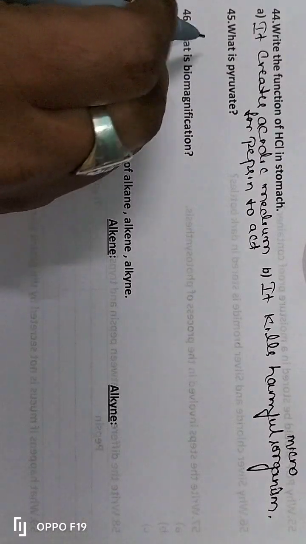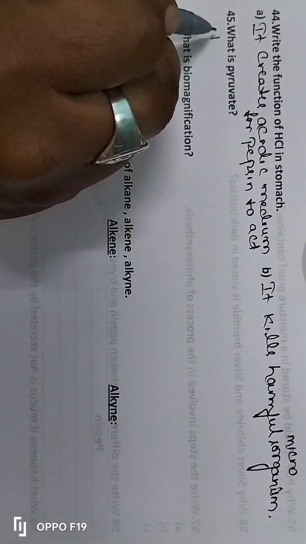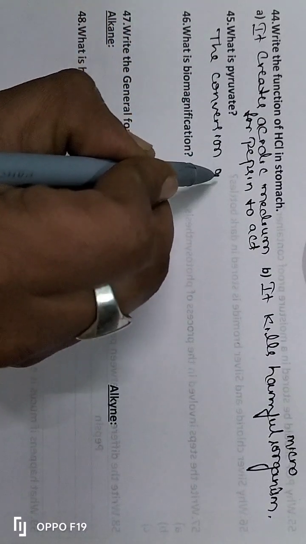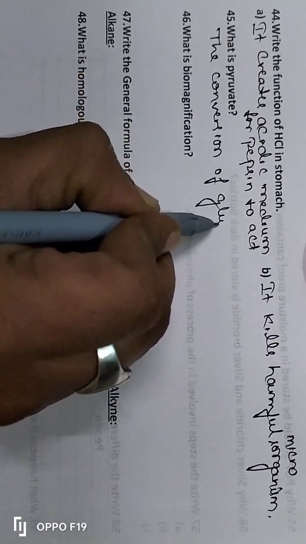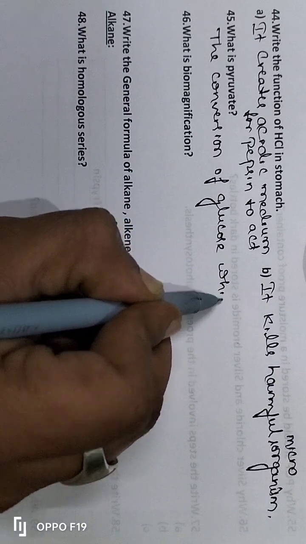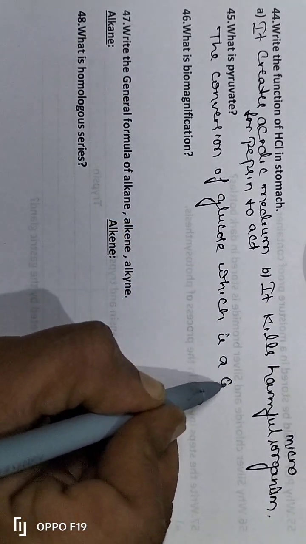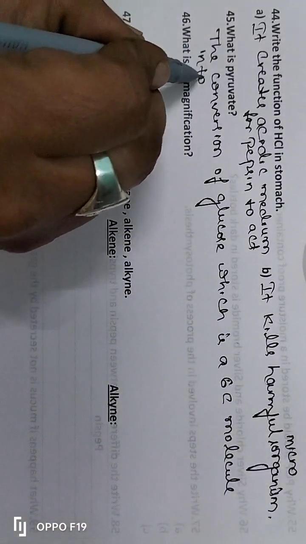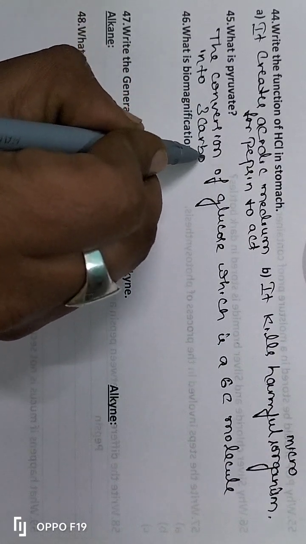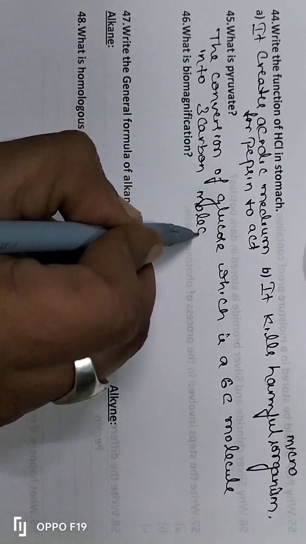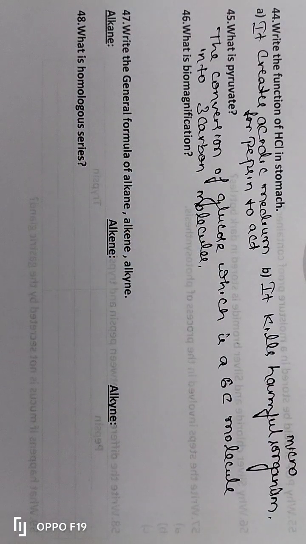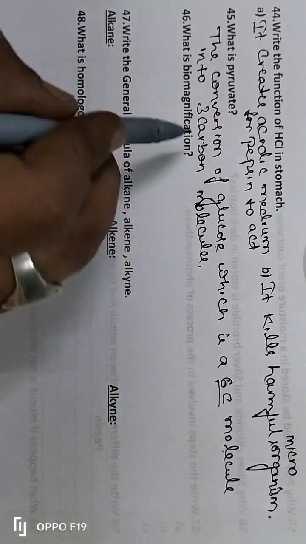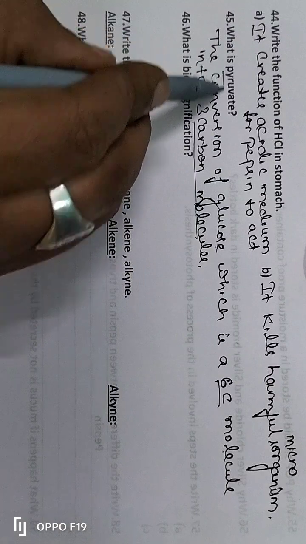Then what is pyruvate? The conversion of glucose, which is a 6 carbon molecule, into a 3 carbon molecule is called pyruvate.